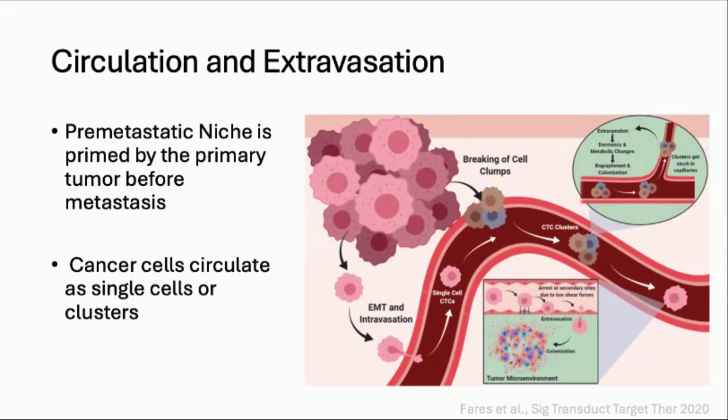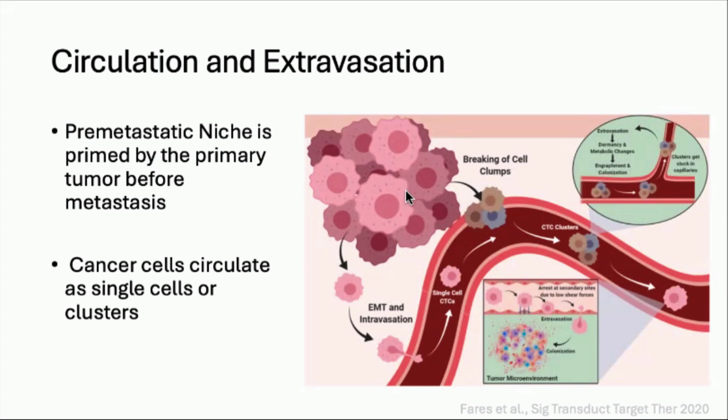It is a complex multi-step process that involves secretory factors as well as extracellular vesicles that induce vascular leakage, leading to more cells entering that specific site, as well as extracellular remodeling and immunosuppression that allow the tumor cells to break off and start developing there.